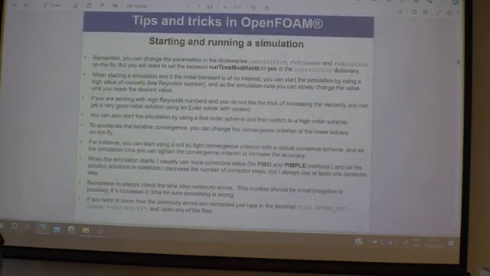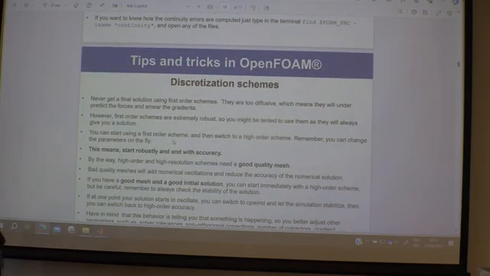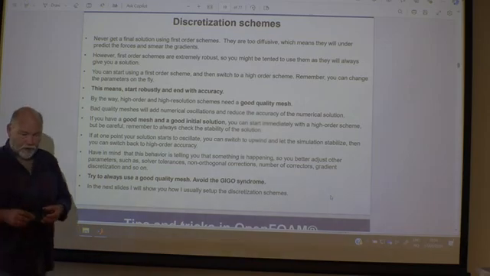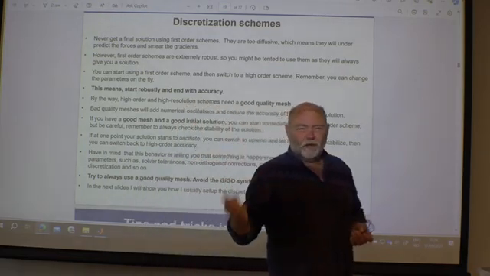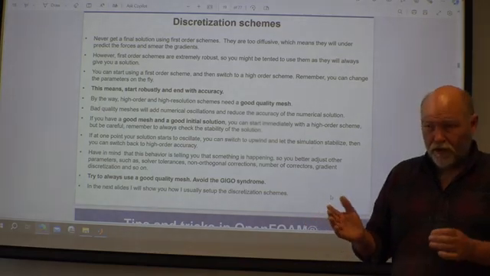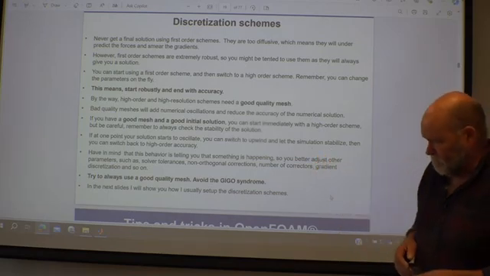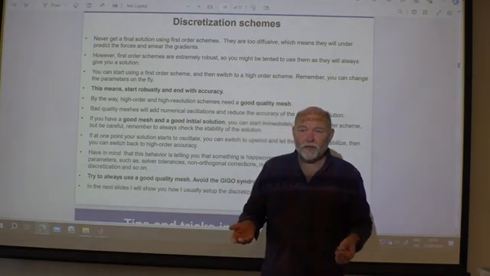Starting and running, I won't go through that one too much in detail. Discretization schemes. This is something I'm going to address also next lecture when it comes to verification and validation, because the first step there is to find out, have I solved my equations correctly? And then later you have to ask, have I solved the correct equations?